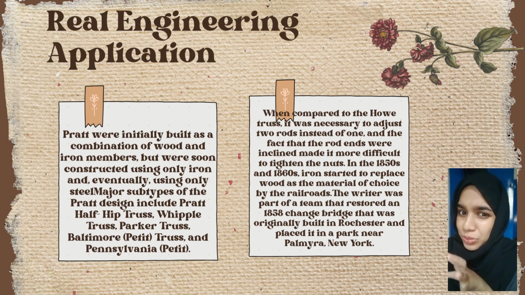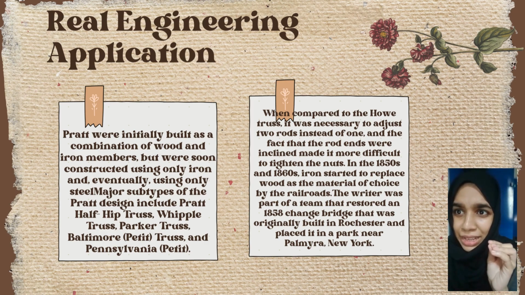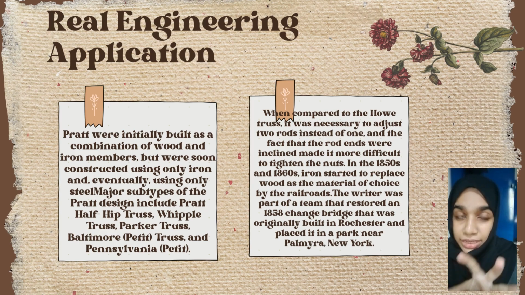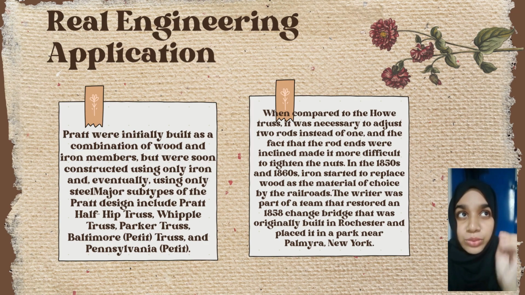In the 1850s and 1860s, iron members started to replace wood as the material of choice by the railroads. The first man who ever built a truss with a single tension diagonal was named Squire.